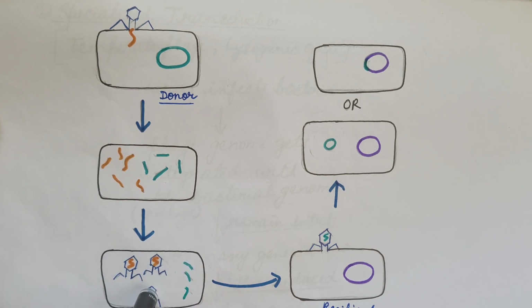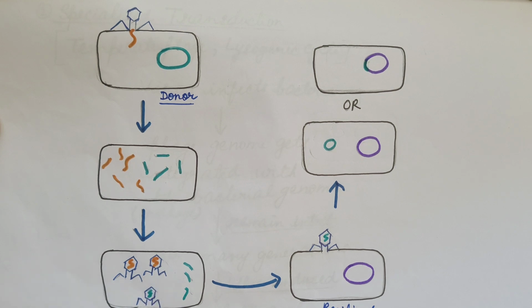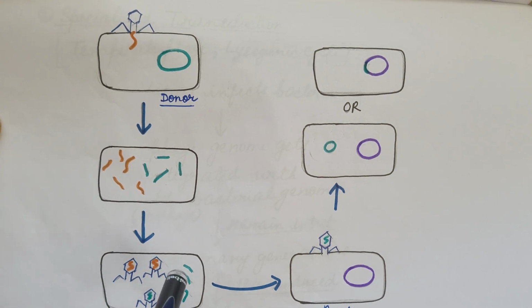In some of the viral particles, a bacterial DNA fragment is packed, and this packing is random. That is, any bacterial DNA fragment is packed in the viral particle.